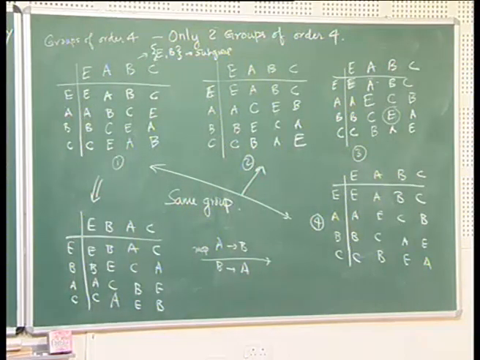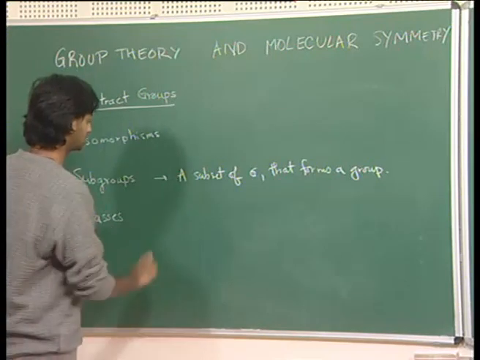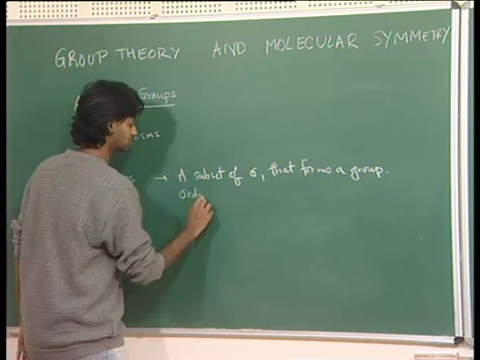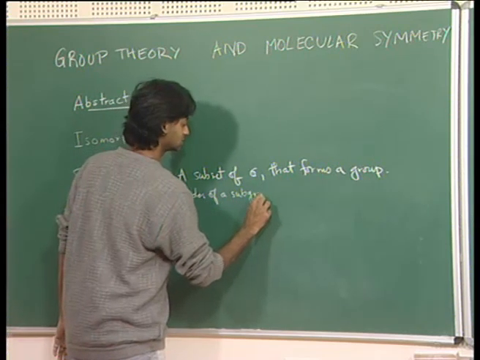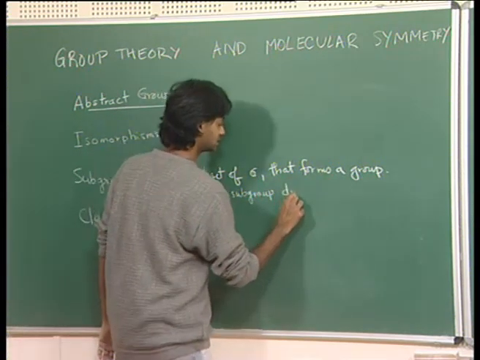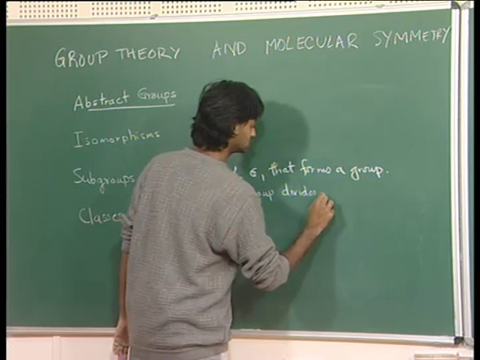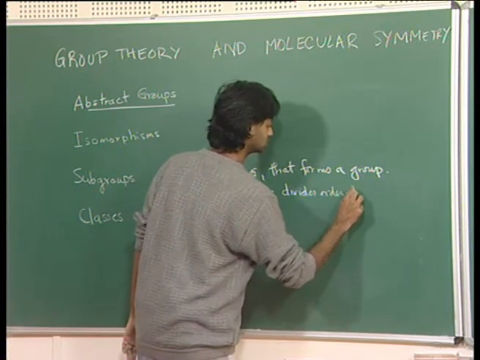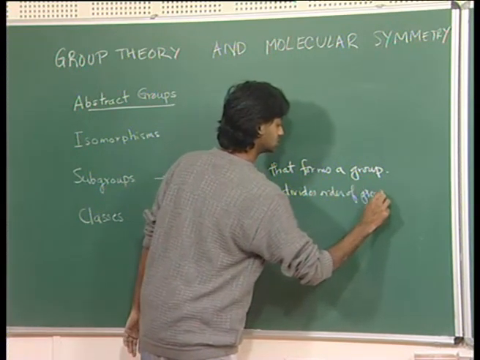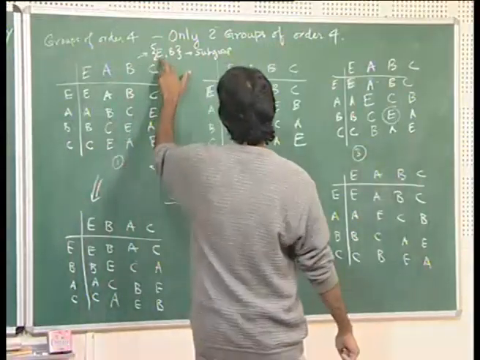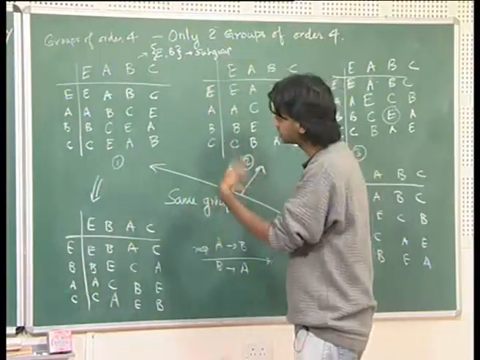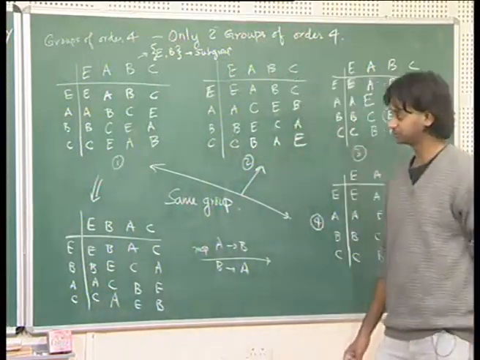Now there is a theorem that says that the order of a subgroup divides the order of the group. So in this case, the order of the group was 4, the order of the subgroup is 2. So it has to be a divisor of the order of the group.